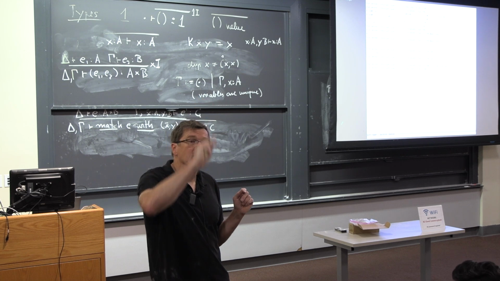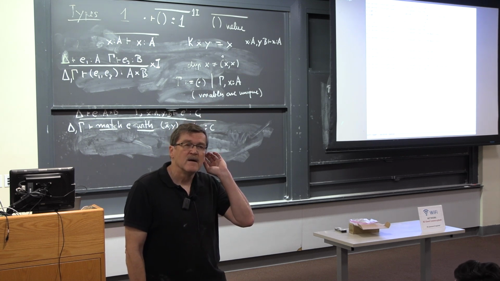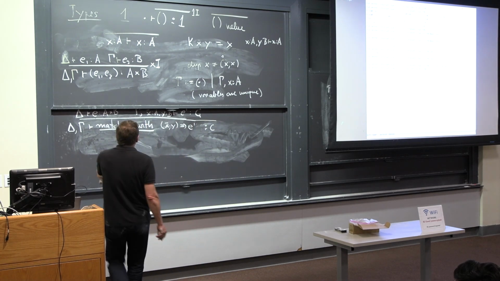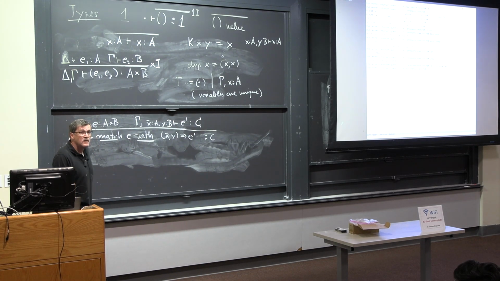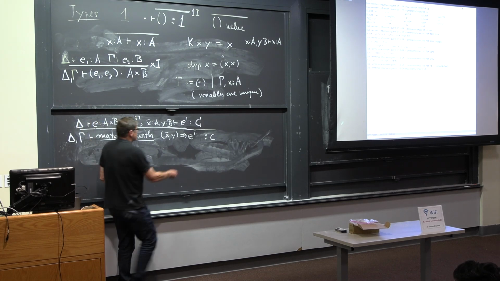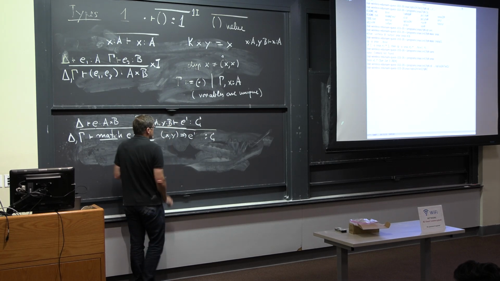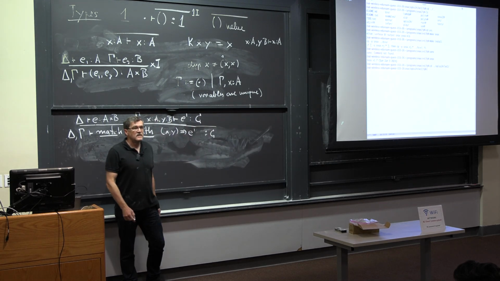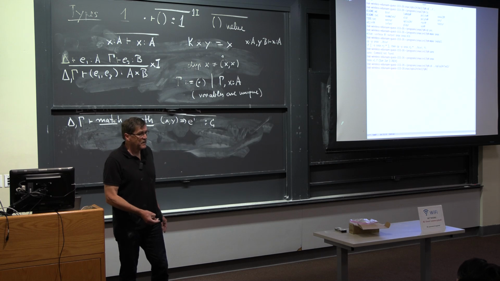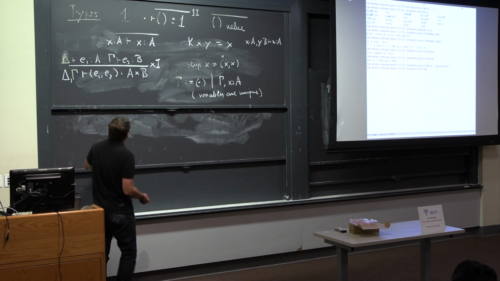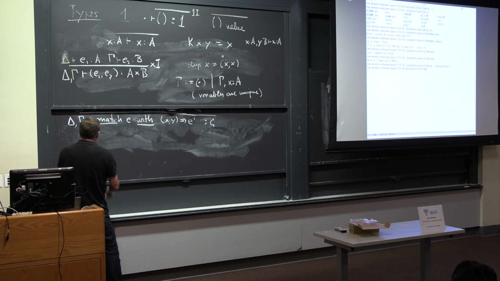Sorry if I missed it, but in the inference rule on the bottom left, the type of E prime on the bottom is C and on the top is? It's the same C, a capital letter C. Right, it's the same on the top and the bottom. I should have written that.